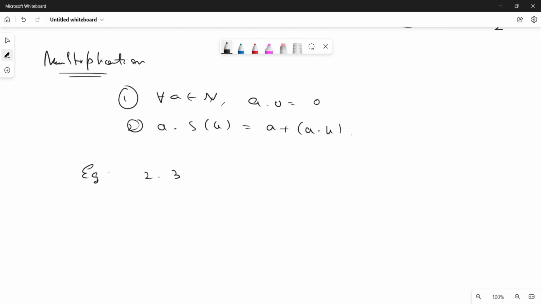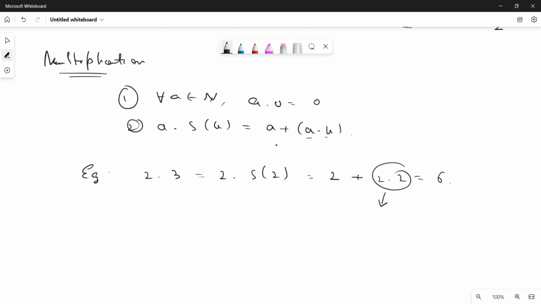Now for example, what is 2 into 3? 2 into 3 can be written as 2 into successor of 2. So we can define it as 2 plus 2 into 2, which is 6, right?